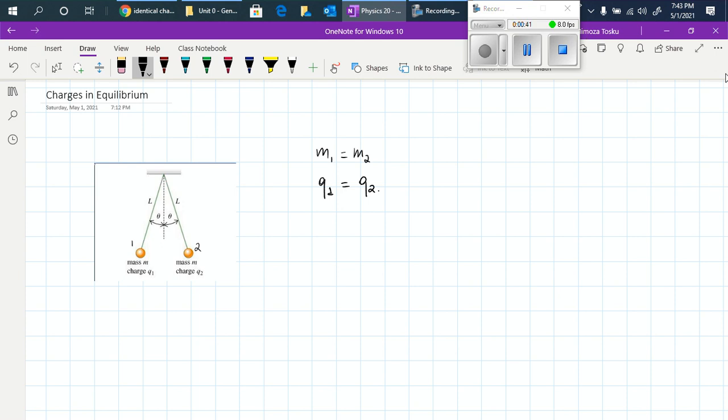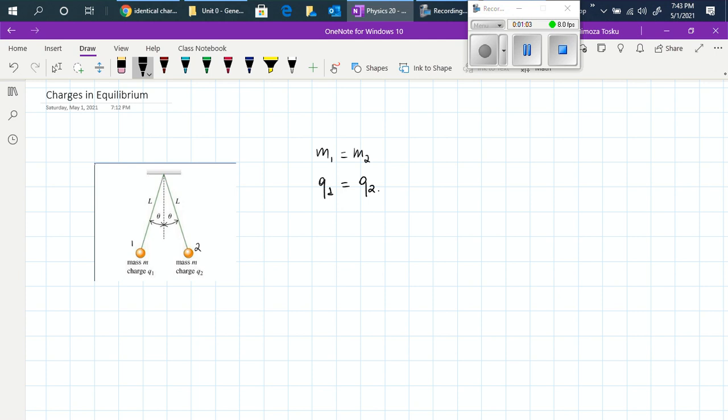The string doesn't allow the charges to move from one object to the other, and therefore that means that the string is a non-conducting string.